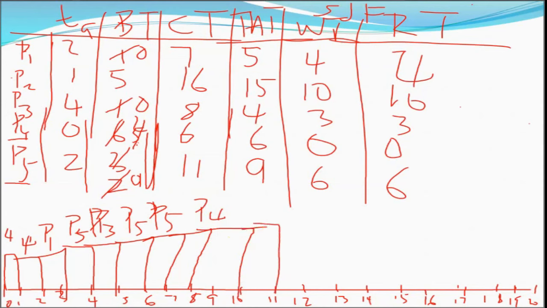Yes. So all here is P4. Okay. Now we are left with what? P2, which is now 5 units, right? So 11 to 16. Do you guys see that?